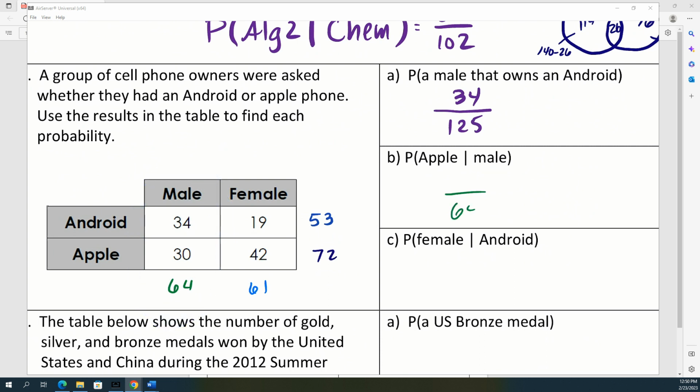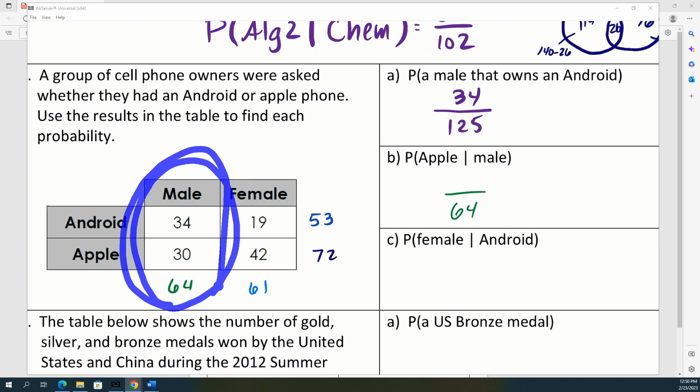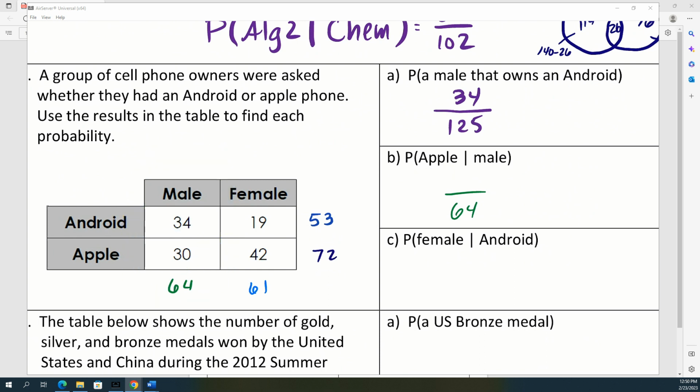And then if we're just looking at the males, we ignore everything else in the table. The ones that have Apples, I got a little delay going on, sorry, is 30. And then just leave it. Don't worry about reducing it unless you just want to. All right, you guys try C on your own, please. Figure out what we care about.